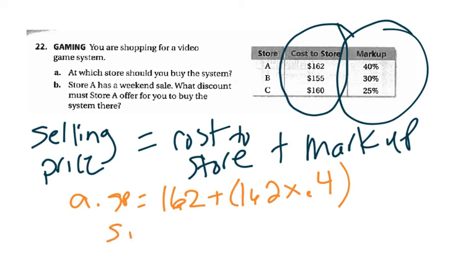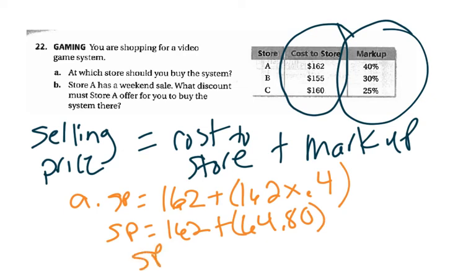So our selling price is equal to 162 plus $64.80. So the selling price for store A is going to be equal to $226.80. So I'm going to write that up here, $226.80. Okay, so we have store A figured out.